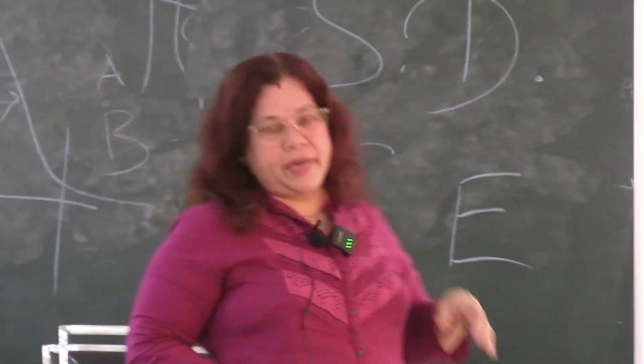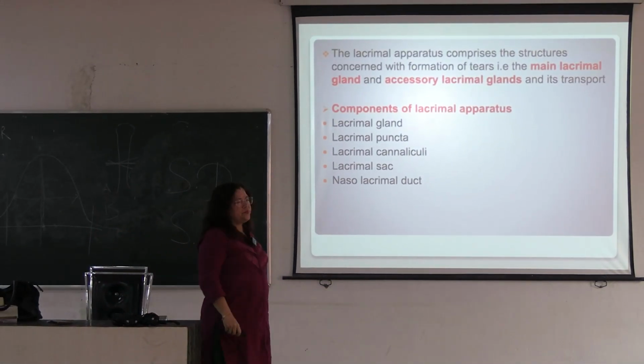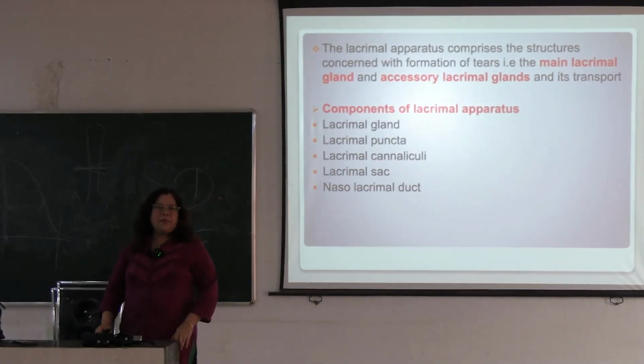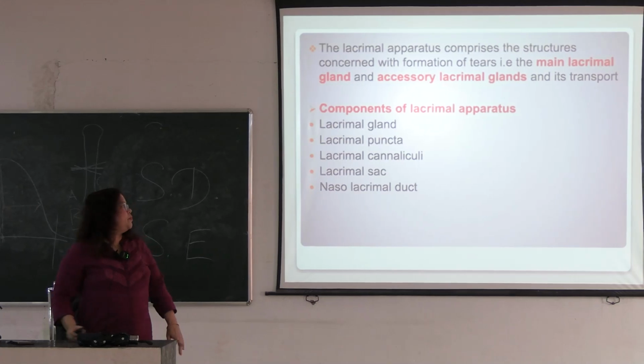What is lacrimal apparatus? Lacrimal apparatus consists of two parts. One is the secretory part and another is the drainage part.